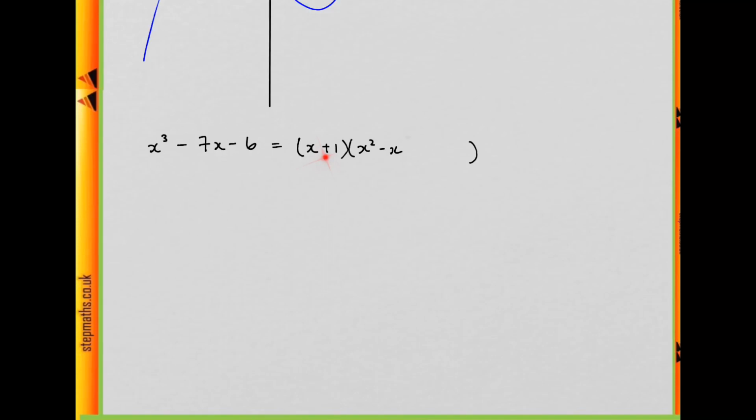Now we have minus x when we multiply these two terms together, but we want minus 7x in total, so we take off another 6, and then when we multiply these two, we get minus 6x, so minus 7x in total, and this 1 times this minus 6 gives us this minus 6 term. If you don't trust me, you can multiply this out and see that it's the same as this cubic here.